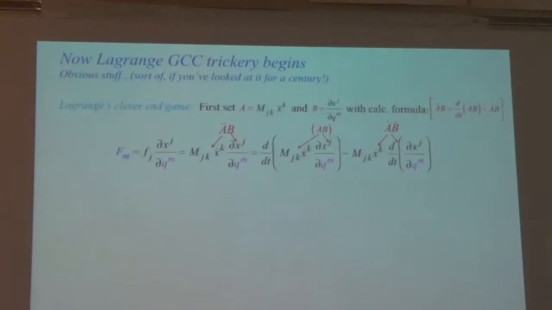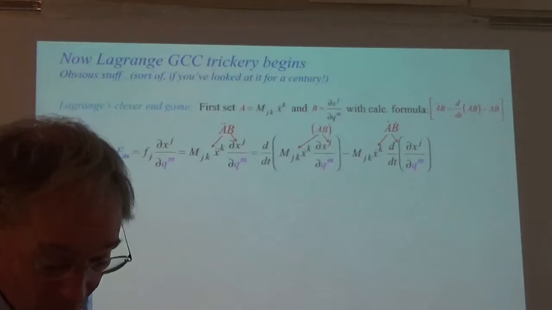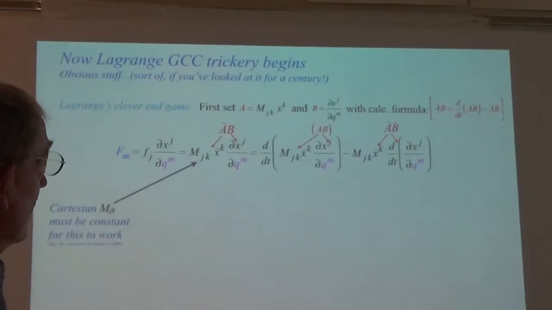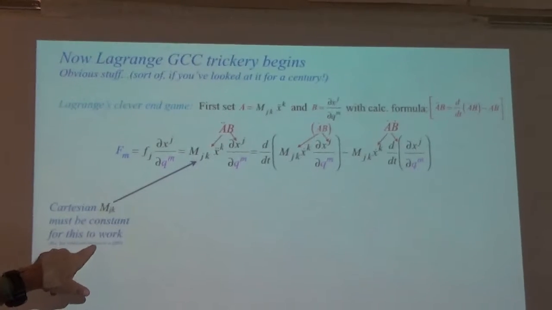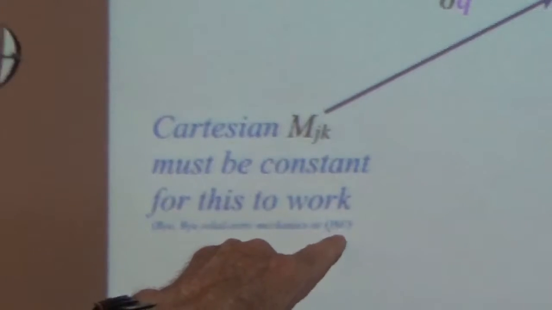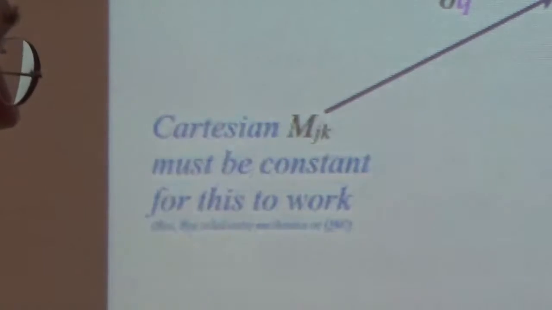Well, we're almost there, except for one more piece of trickery. So, don't forget that is part of the story. And I say in very small print here that you can't read, bye-bye relativistic mechanics or quantum mechanical dynamics.